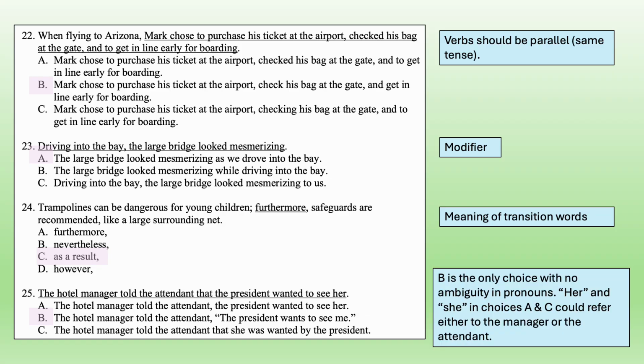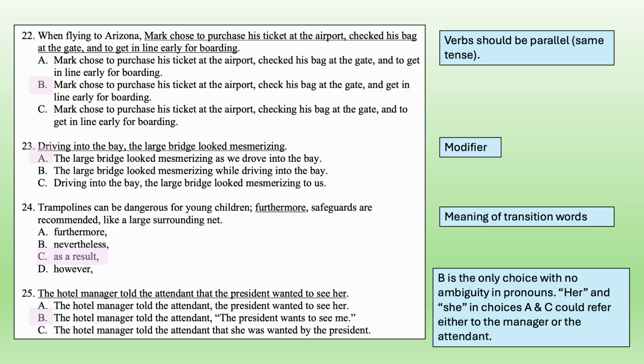B is the only choice with no ambiguity in the pronouns. Because if this is all you got from the sentence and there's no context here, the her and the she, those pronouns could refer to the manager or the attendant. We're not sure which one. The only one that has a clear meaning is B because it's put in dialogue. And this is the hotel manager speaking to the attendant saying, the president wants to see me.